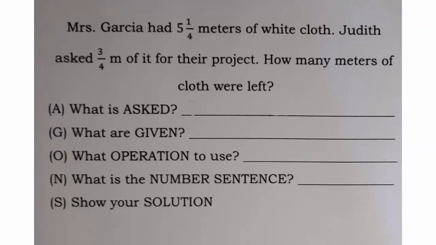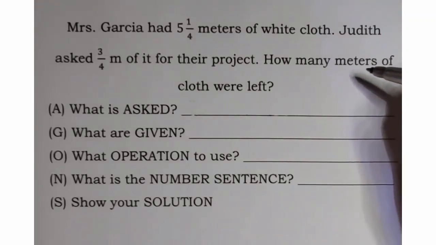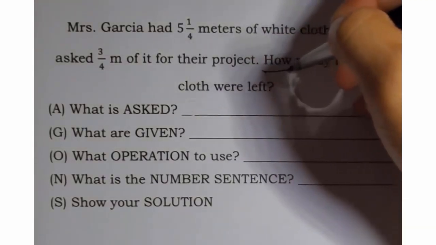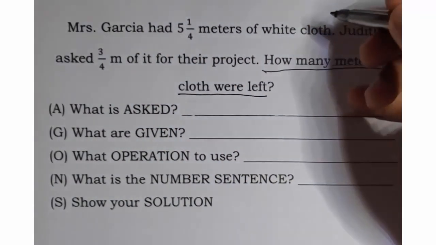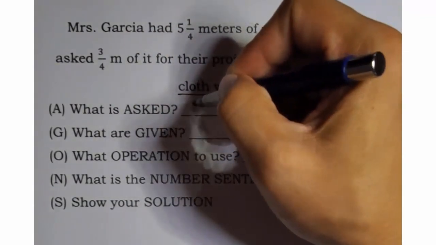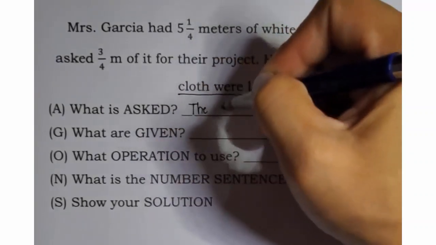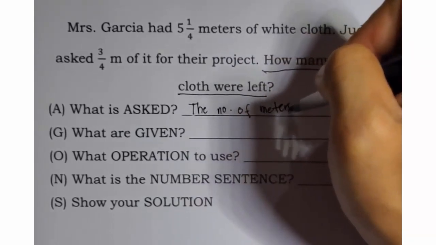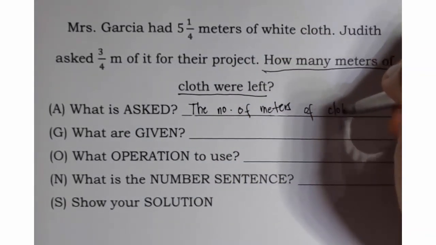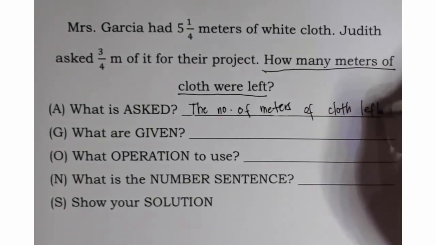To start solving this problem, let us know what is asked. In this problem, you are asked how many meters of cloth were left. Or we could also say that what is asked there is the number of meters of cloth left.